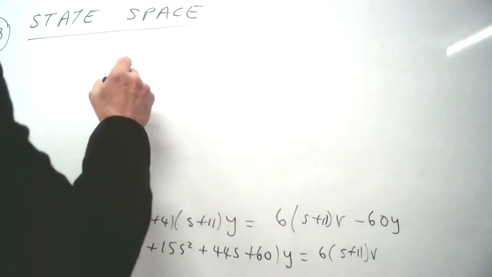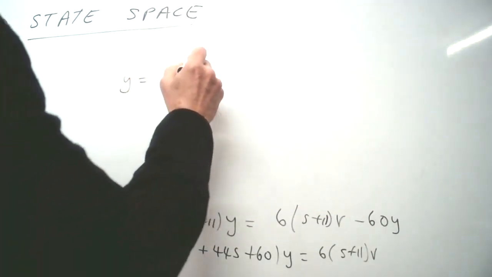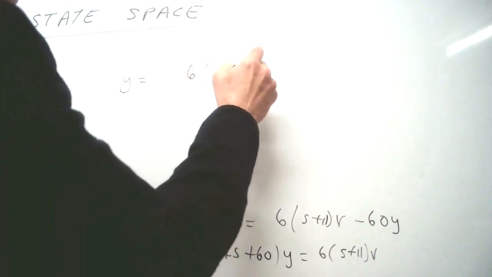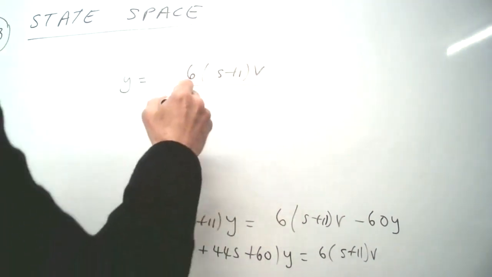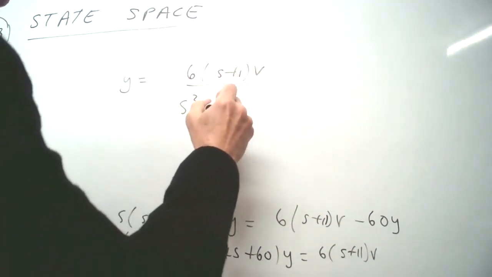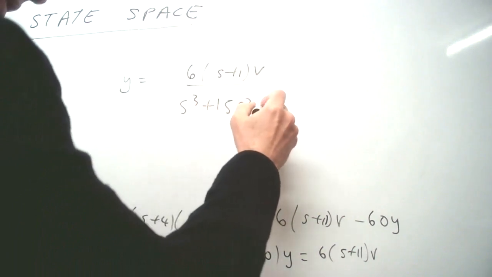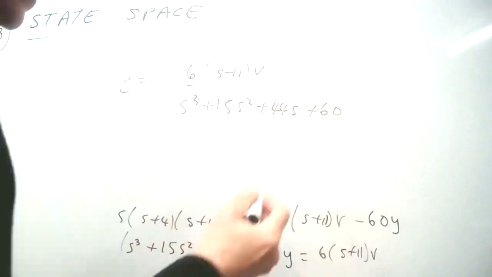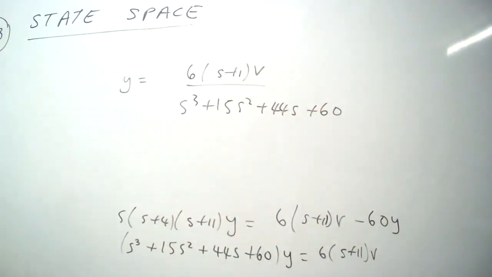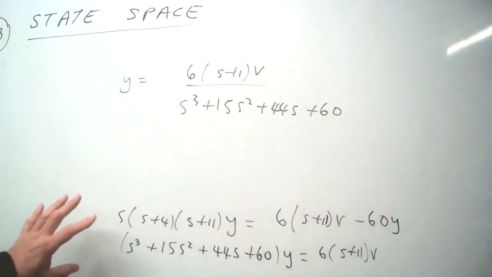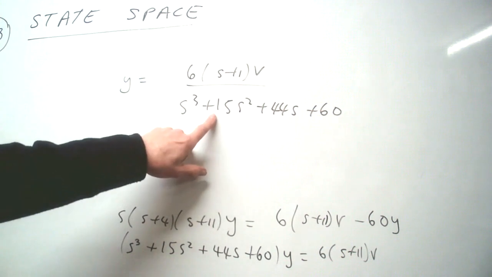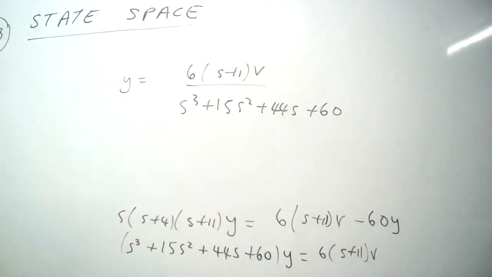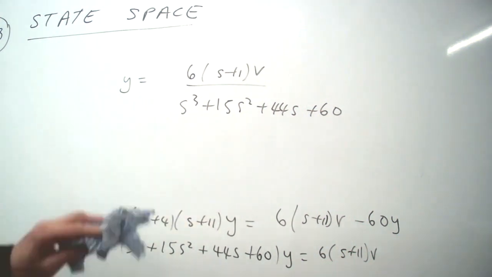Then that'll give us y equals 6 s plus 11 v over s cubed plus 15s squared plus 44s plus 60. This is always done as a show question, so it's to show that the block diagram simplifies to this. That would be the first part of the exam question.